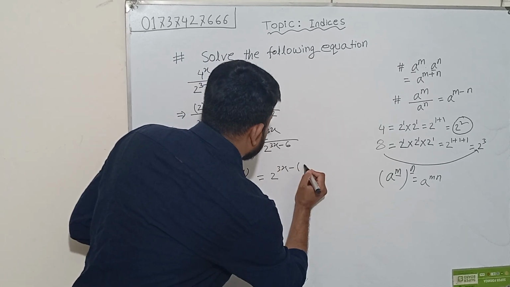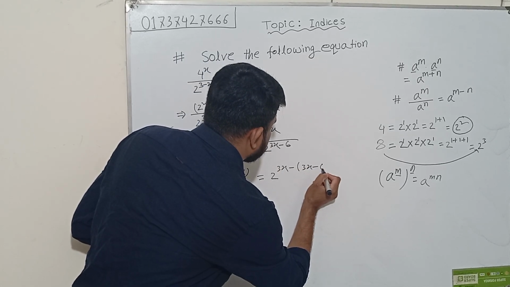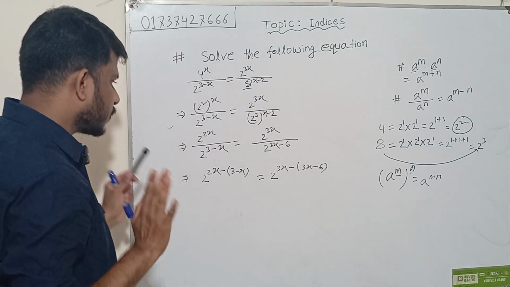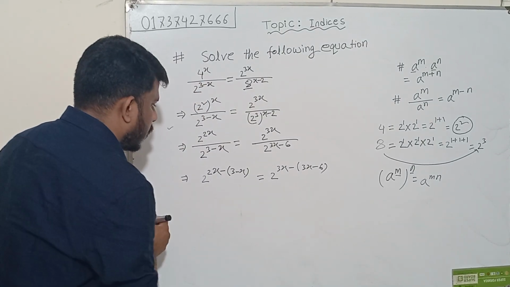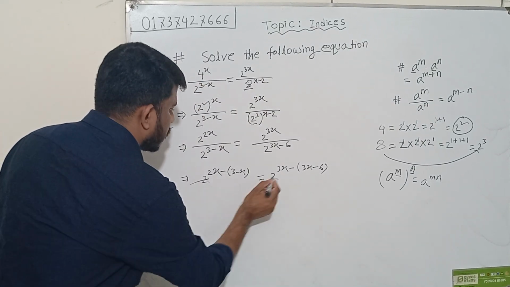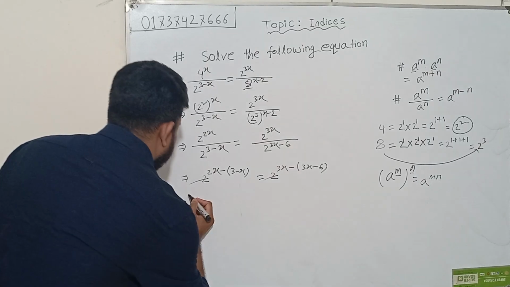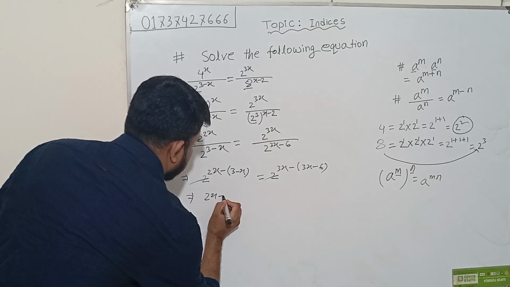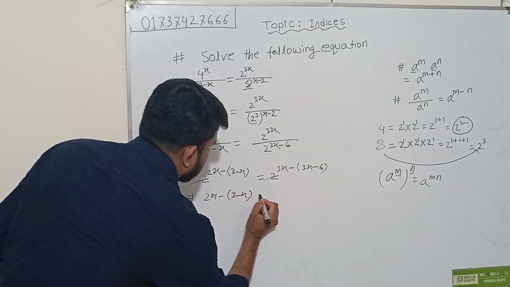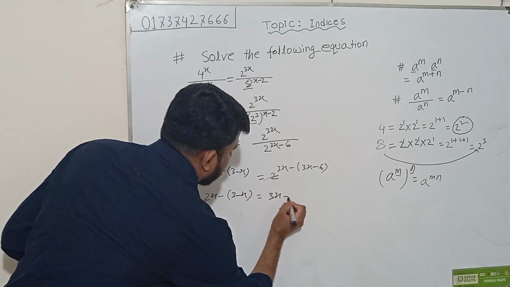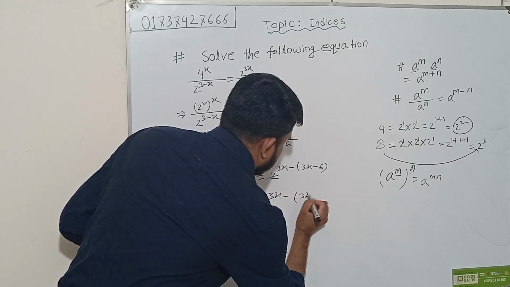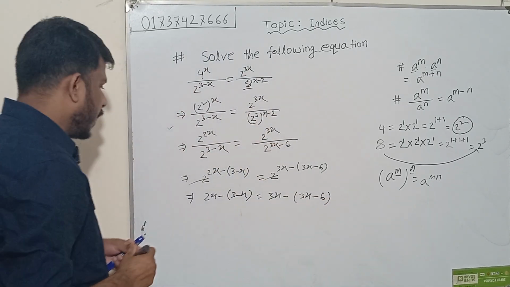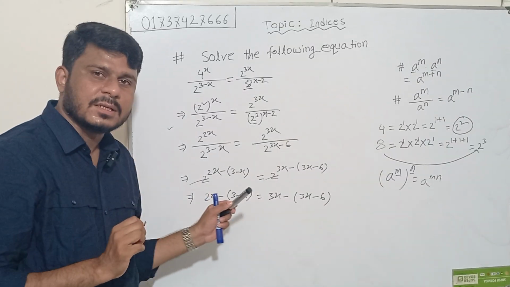So minus 3x and 6, got it? Then we can cancel this 2 and this 2. Then you can write 2x minus (3 minus x) equal 3x minus 6. Now we have to simplify easily.